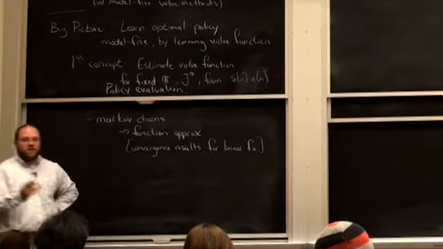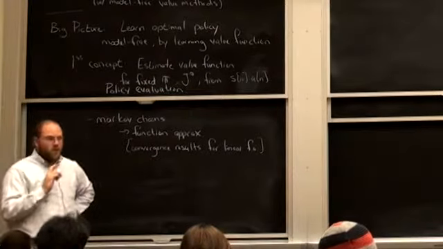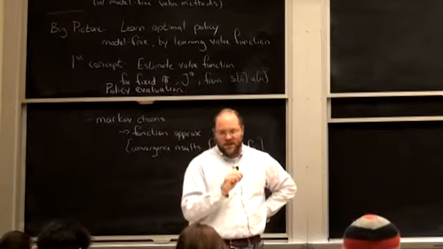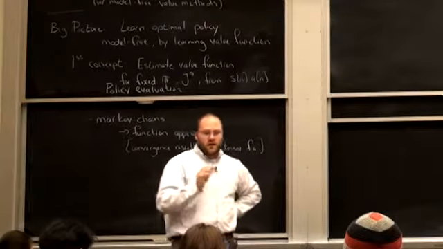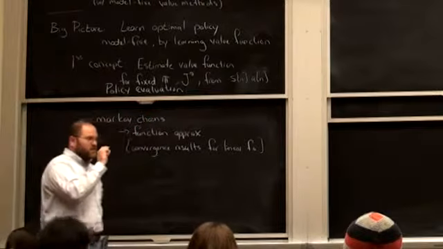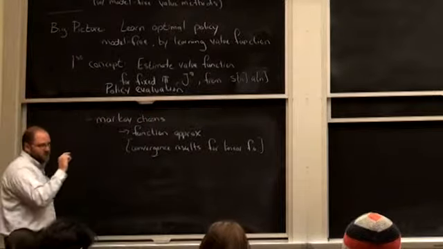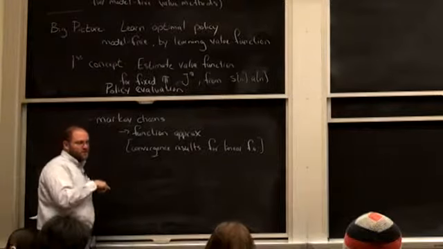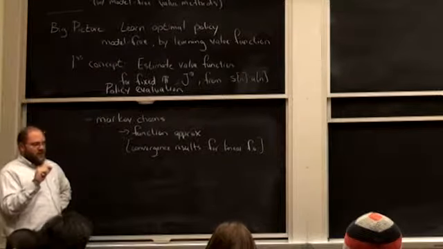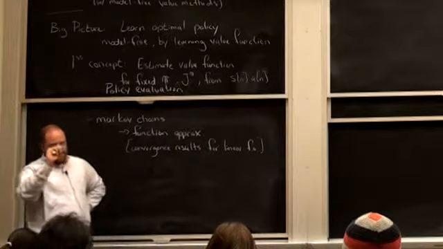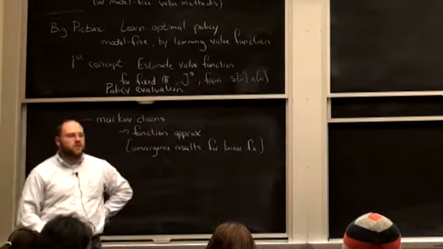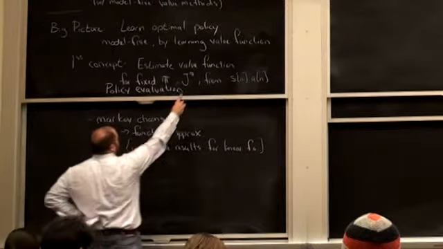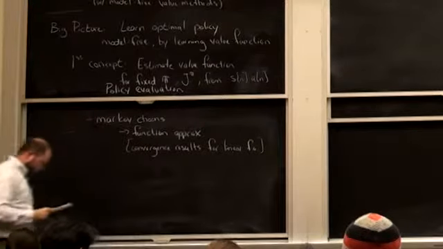We went back and looked up a question about whether, if you used lambda in your update, it always got to the same estimate of J. I think the answer is yes. The convergence proof has an error bound, and that error bound does depend on lambda, if you remember the discussion. But if you set your learning rate smaller and smaller as you go, they should all converge to the same estimate of J pi.